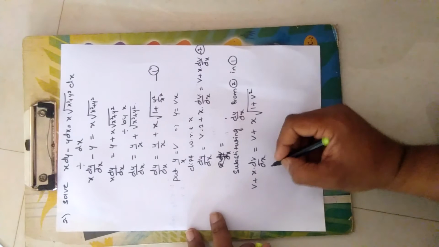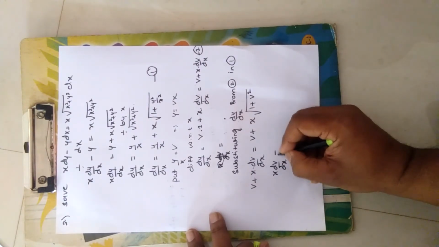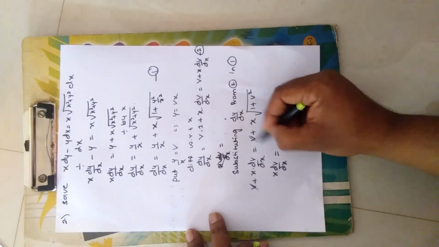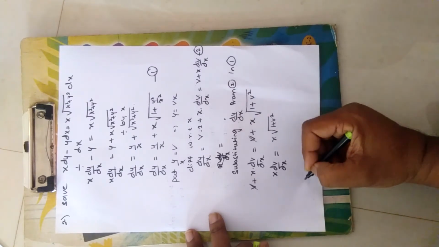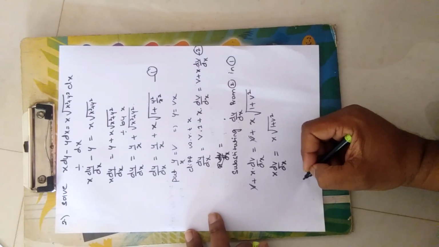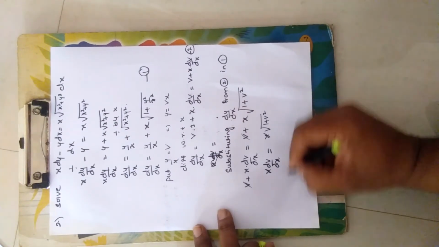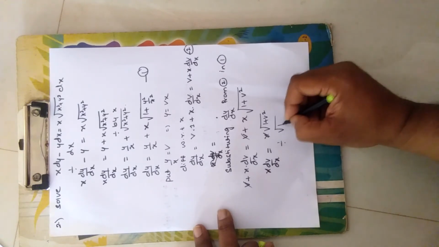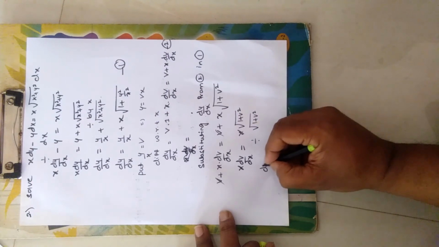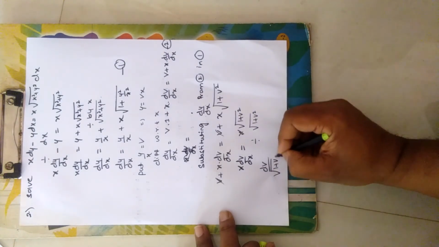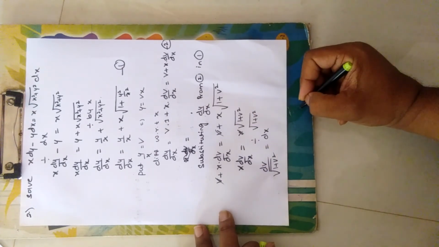Now we want x dv by dx, so v minus v gets cancelled, and we have x into square root of 1 plus v square. Now again x gets cancelled. Now divide throughout by square root of 1 plus v square, making the variables separable, which gives dv divided by square root of 1 plus v square is equal to dx.